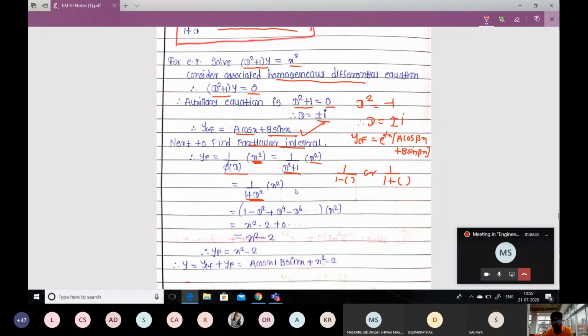So we can use that second formula. What is that? That formula is 1 upon 1 plus x, it is equal to 1 minus x plus x square minus x cube and so on. That is plus minus alternate sign. And I am just putting, instead of x, the D square term.